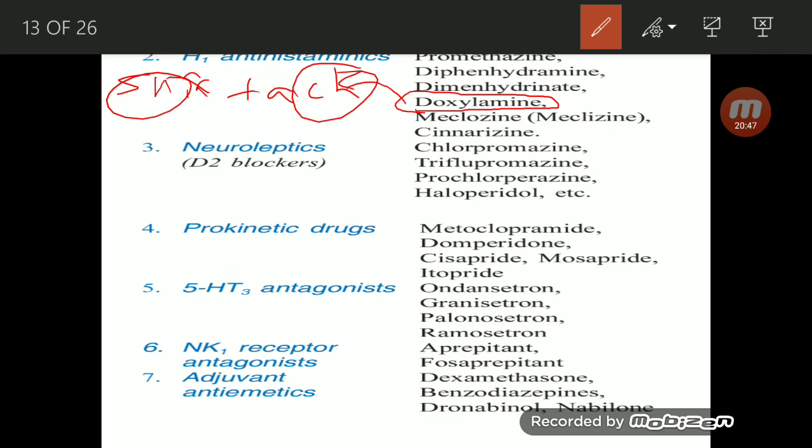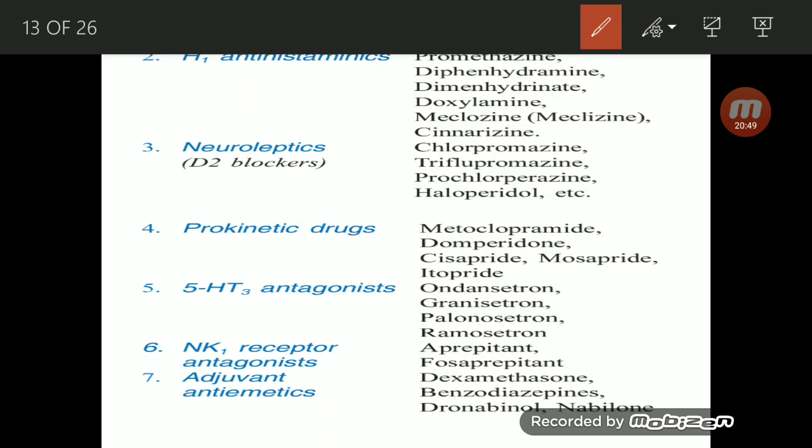So the combination of doxylamine and pyridoxine. I hope you guys know what pyridoxine is. Pyridoxine is vitamin B, you must be knowing, so I'll let it be like that only. Find it out yourself.